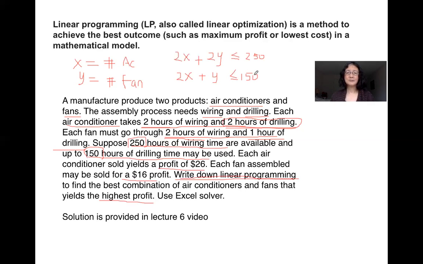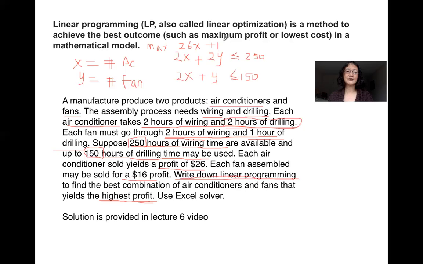Okay, and what is our objective? Our objective is to maximize profit. So our objective function is maximum profit. Okay, what is my profit? When you sell one air conditioner, you get $26. Now you have X air conditioners. So maximize 26X plus fans. One fan is sold for $16.